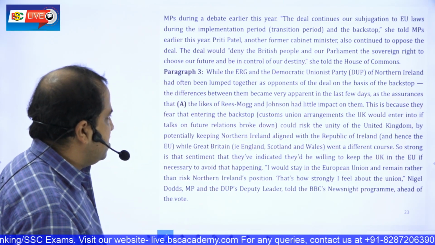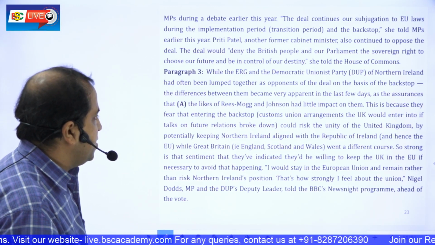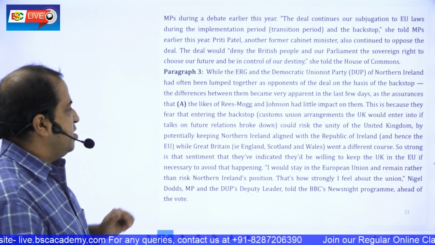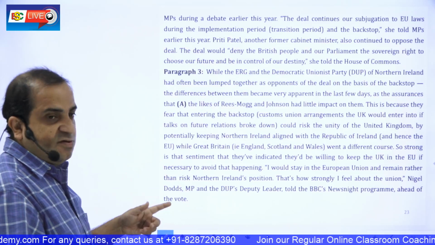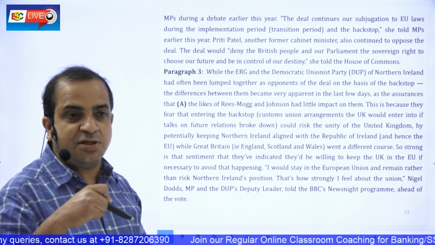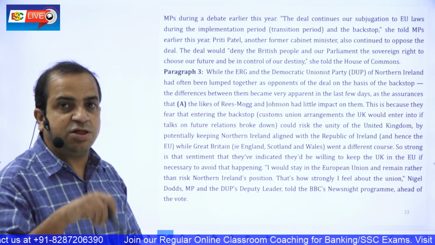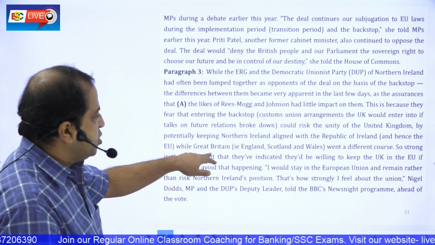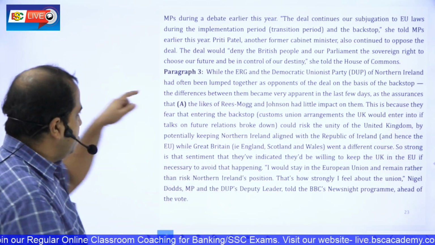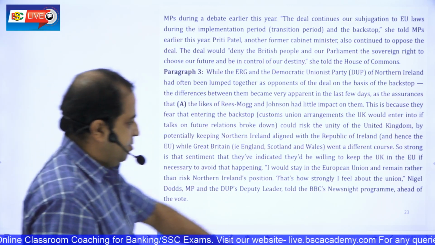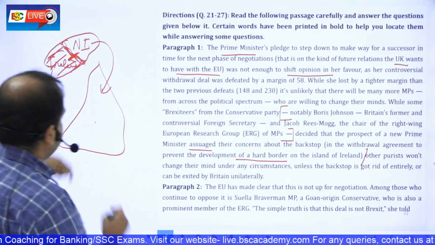So could risk the unity of the United Kingdom by potentially keeping Northern Ireland aligned with the Republic of Ireland and hence the EU. तो फिर ऐसे में तो Northern Ireland EU Ireland से aligned रह ही गया, EU से aligned रह ही गया, while Great Britain, that is England, Scotland and Wales, ये जो main island हमने बताया था आपको पीछे, this is Great Britain.